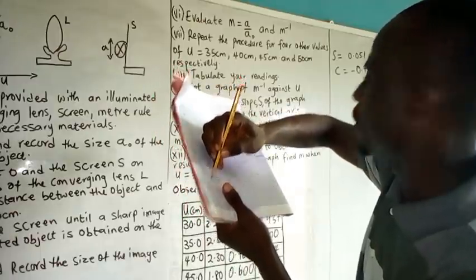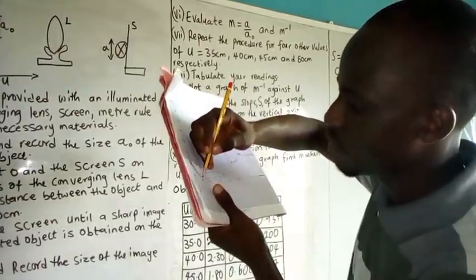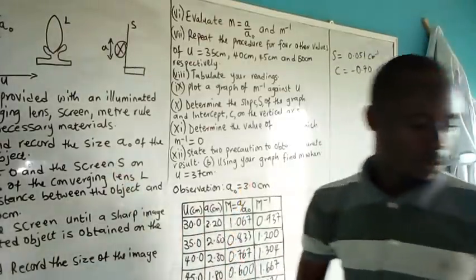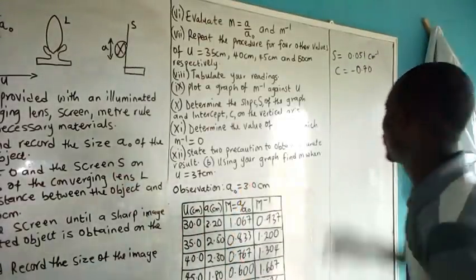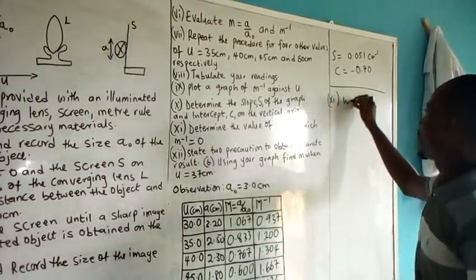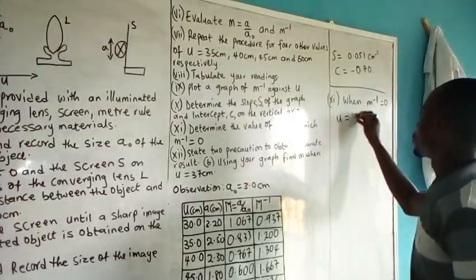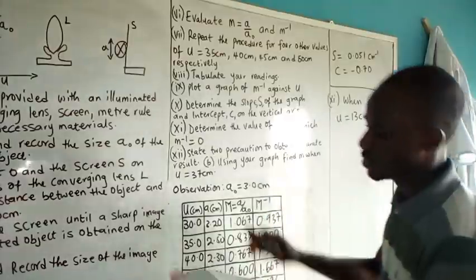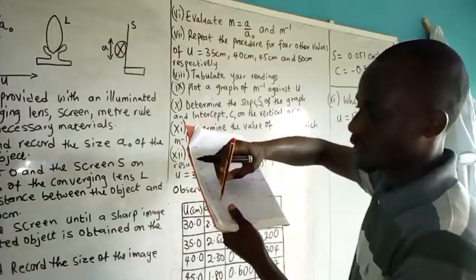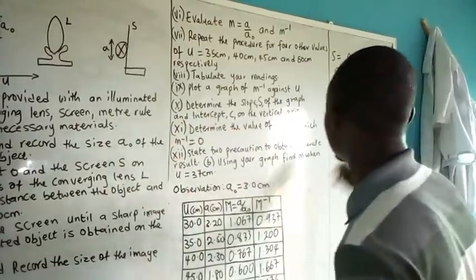I'm getting the value of u to be 11, 12, 13. So u will be 13 when m inverse is 0. So when m inverse equals 0, u is equal to 13 centimeter according to the graph. That is solved.